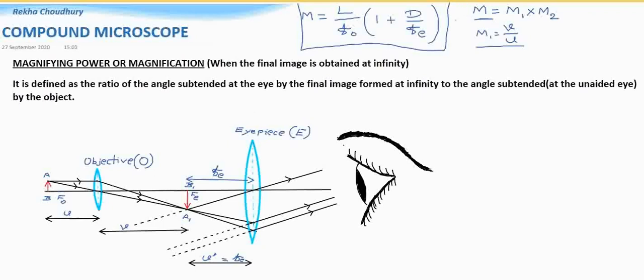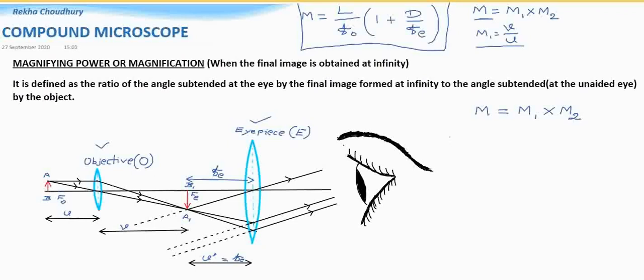Anyway, let us derive the magnification or magnifying power when the final image is obtained at infinity. We already know that the magnifying power of a compound microscope is equal to the magnifying power of the objective lens into the magnifying power of the eyepiece, and the eyepiece acts like a simple microscope.